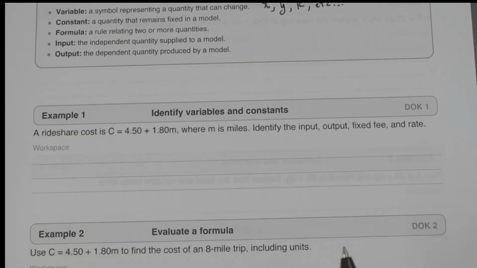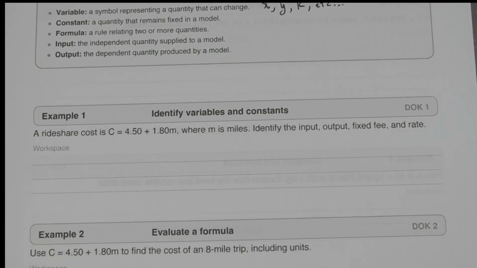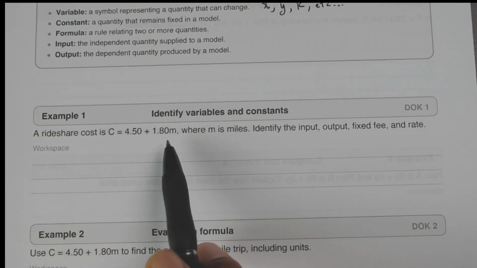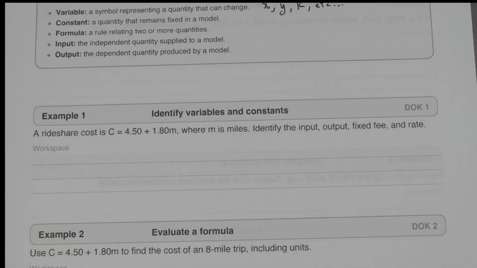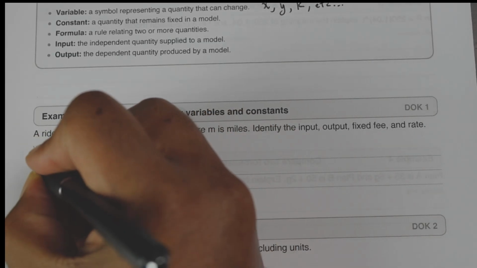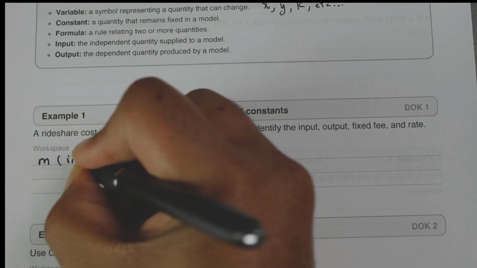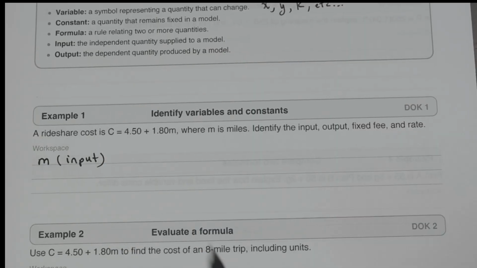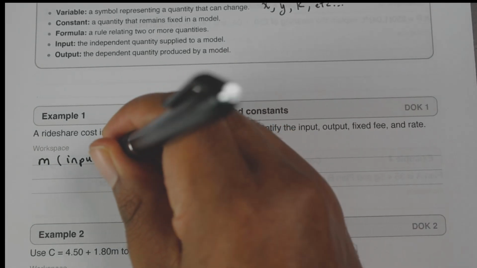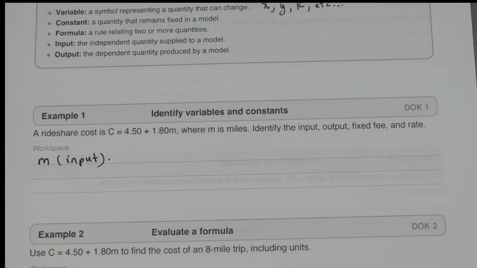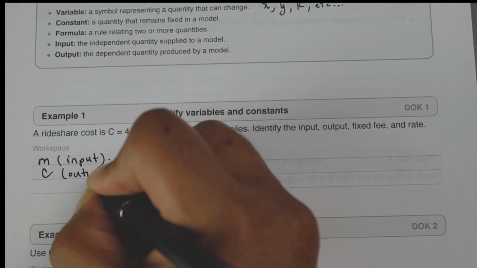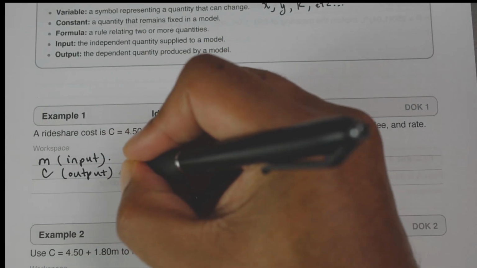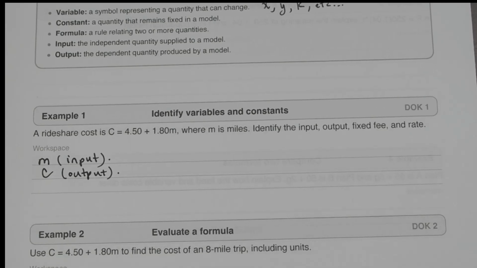So example number one, let's go ahead and get to it. The rideshare cost is stated here, where M is the number of miles. So here, M is the input. That's what we need to find: how many miles is there? That's what we'll input into the function. C is the output, because the output will tell us what the cost would be.